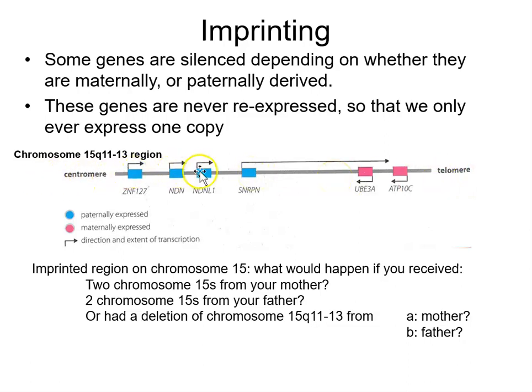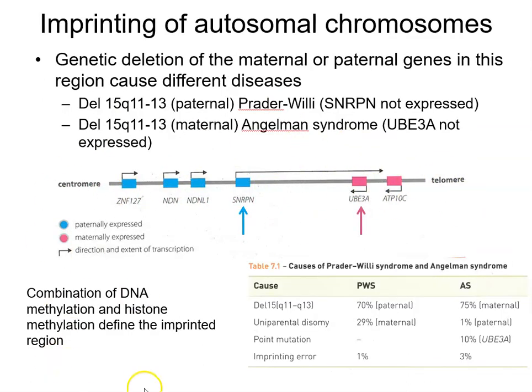So these genes are only expressed from male-derived DNA, these are only expressed from female-derived DNA, and if you have some genetic abnormalities, such as a duplication of the chromosome on here, you can end up with an absence of either these genes being expressed or these genes expressed, which is sort of explained by this slide.